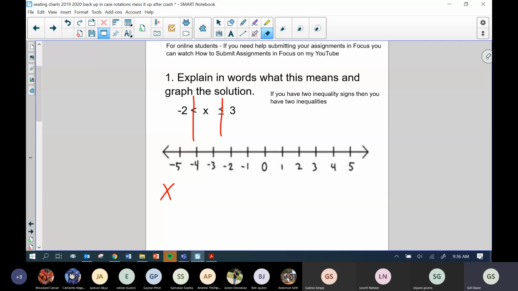We would need to say, well, our answers, which are our x values, our solutions, need to be either less than or greater than some number. Well, I'm going to first look at this section, the x and the 2. I'm going to ignore everything going on over here. Just ignore it.